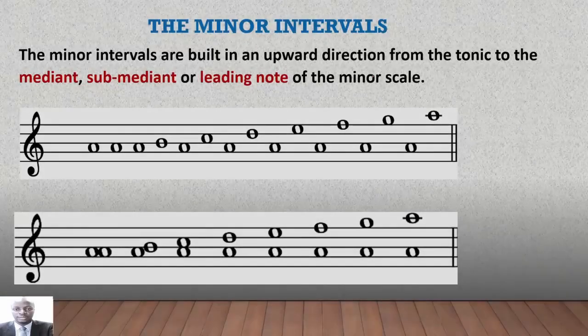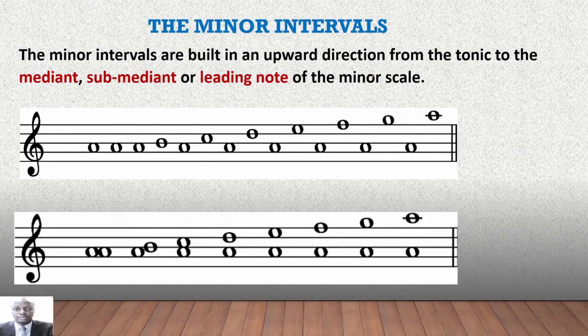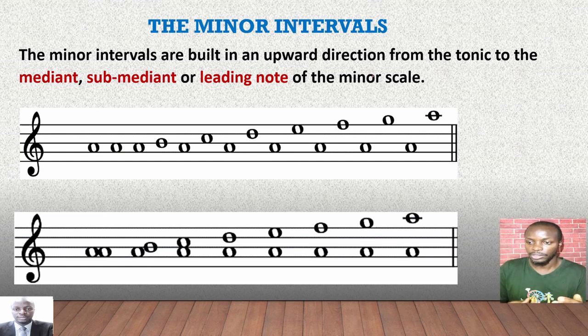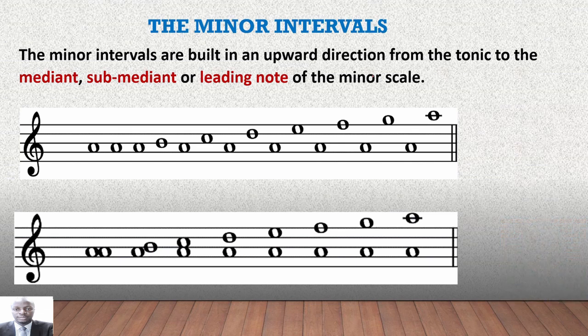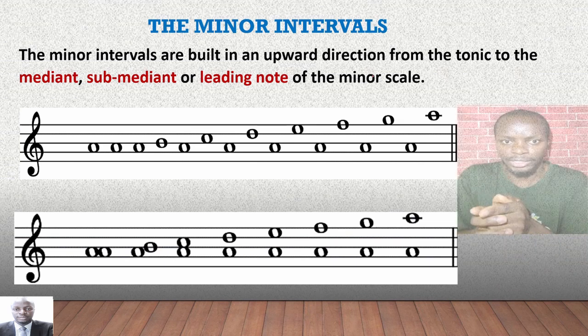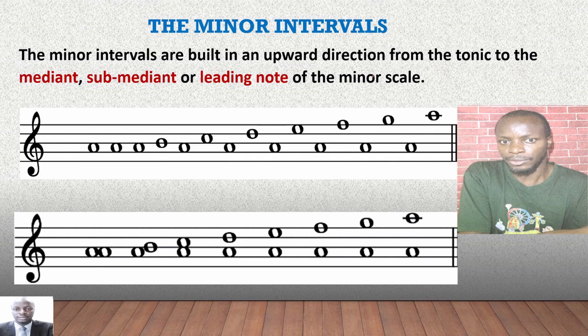The minor intervals are built in an upward direction from the tonic to the mediant, or from the tonic to the submediant, or from the tonic to the leading notes of a minor scale. Note that I said in an upward direction, because you are building a third, for instance. You can't say from the tonic down to the submediant.